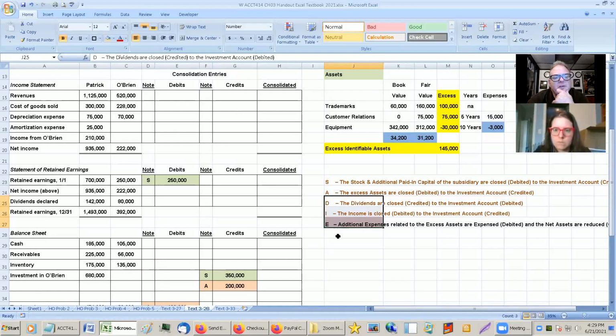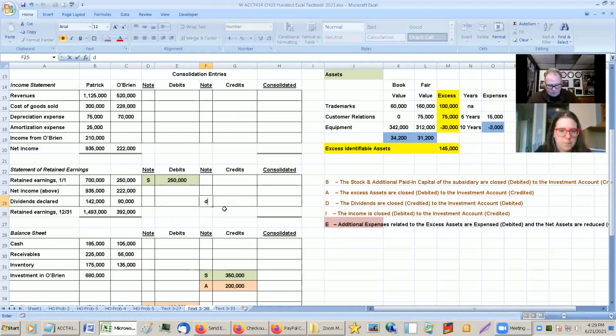Dividends, income, and expenses. Okay, dividends. Dividends declared, those are debits, so we get rid of those. 80,000.